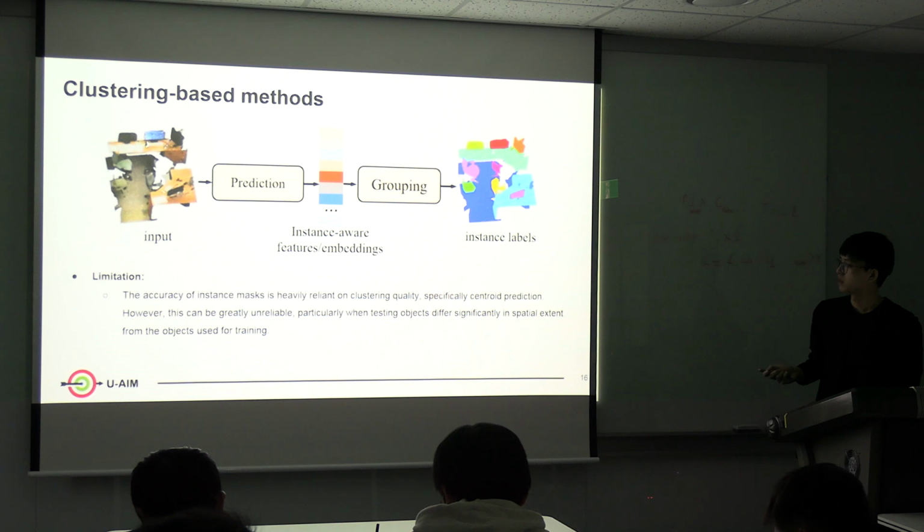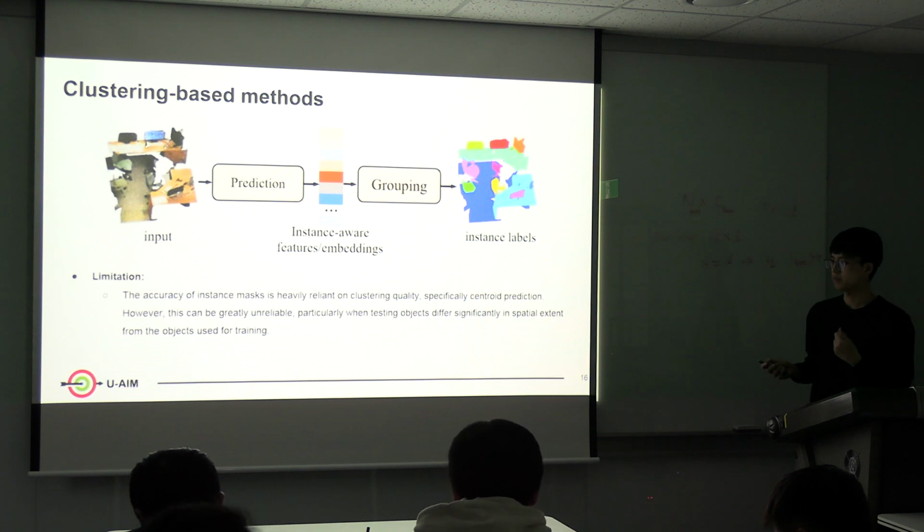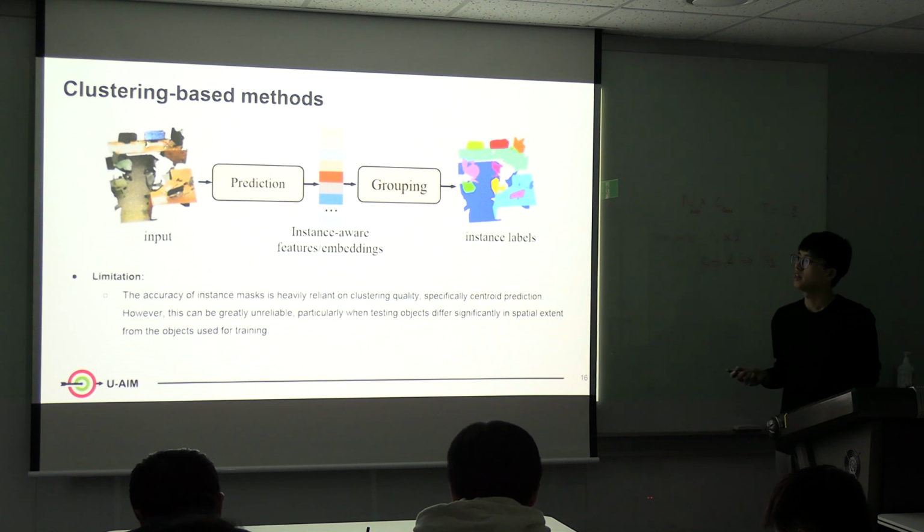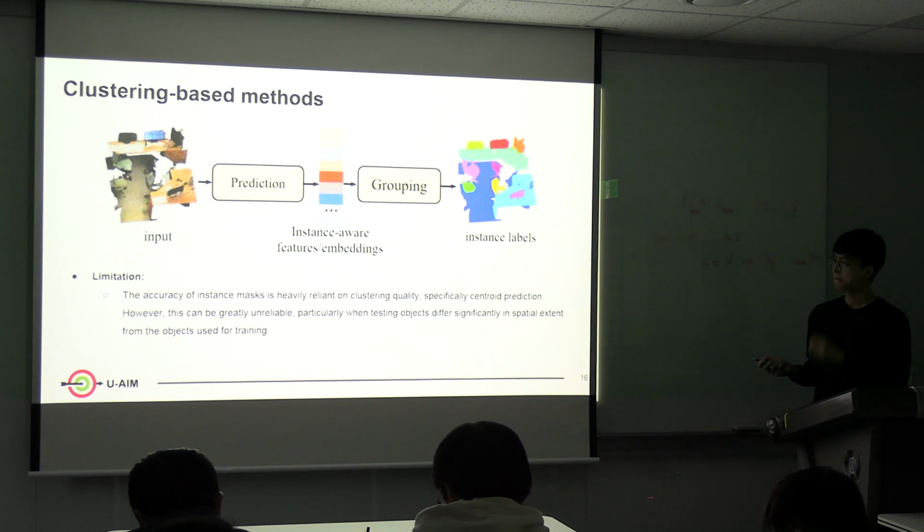And the clustering quality here stands for the center regression. However, this can be very unreliable, particularly when the testing object and the training object are different, because in the ScanNet dataset, they have many sets for the same semantic label, like the chair or the table.